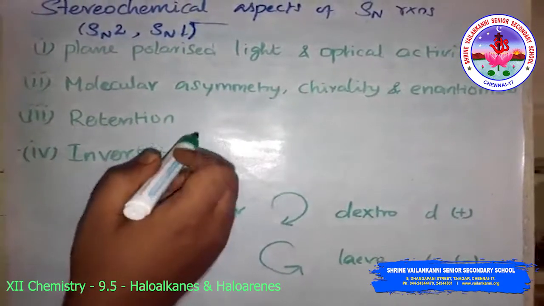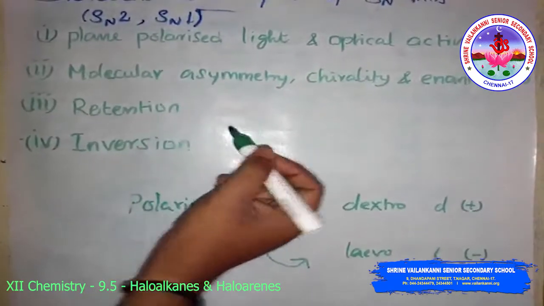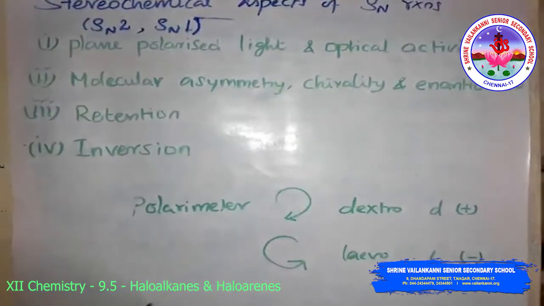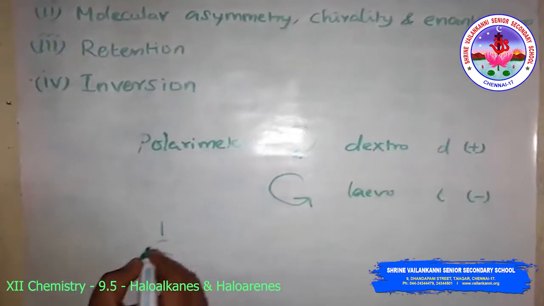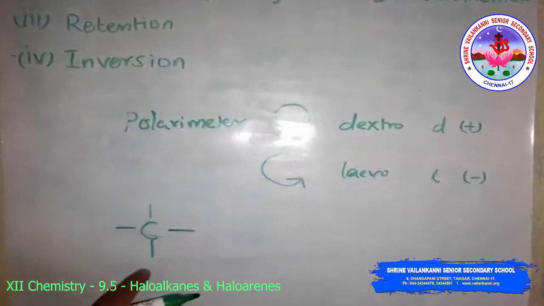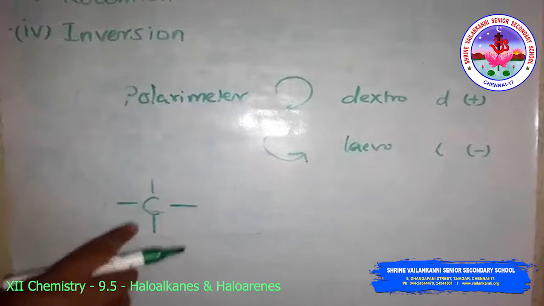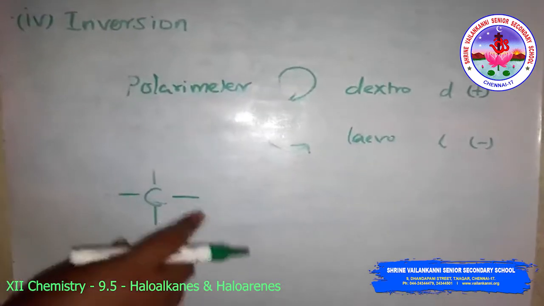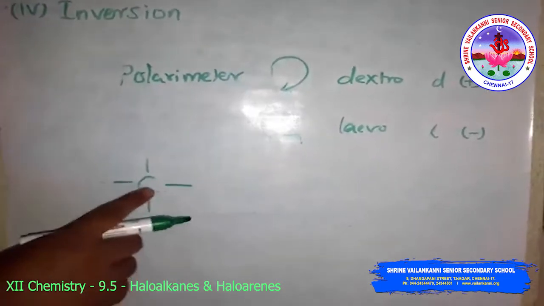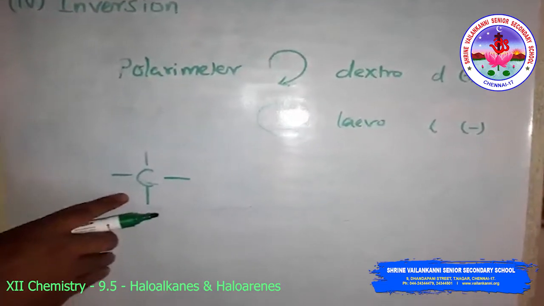Here it is the spatial arrangement of the four groups, that is, valencies, around the central carbon in a tetrahedral arrangement. If all the substituents attached to that carbon atom are different, it is called an asymmetric carbon.